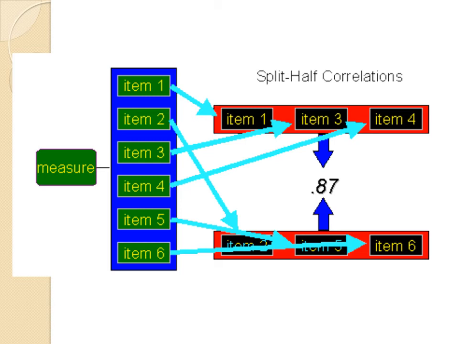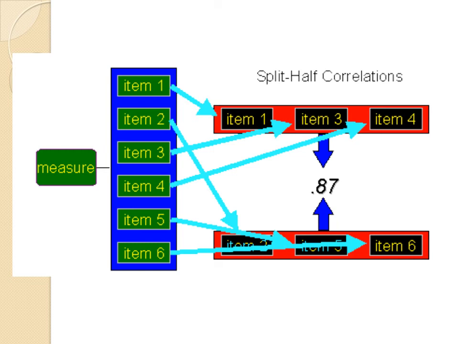So that should be item 1, item 3, item 5. And then on the lower part, which is the even, we have item 2, item 4, and item 6. What you're going to do in split half reliability is get the average of the odd items, 1, 3, 5, 7, and then the average of the even items, 2, 4, 6, and 8.